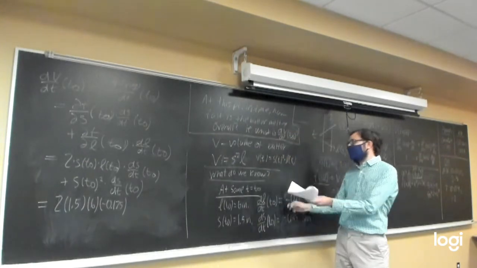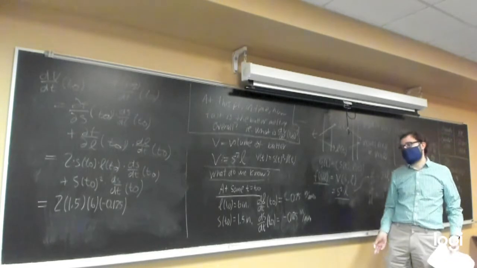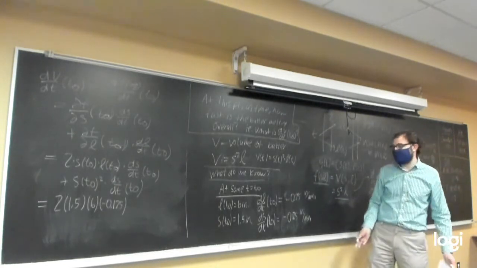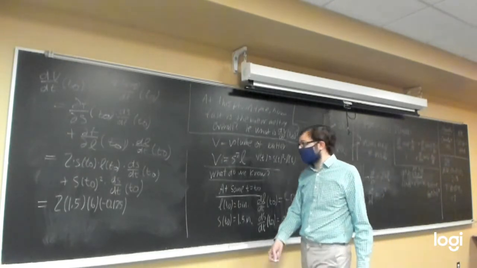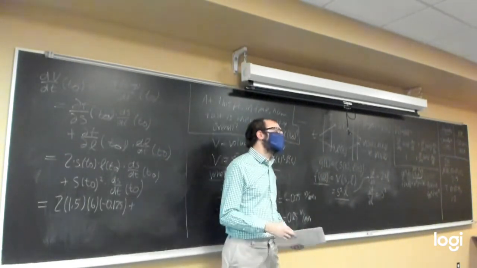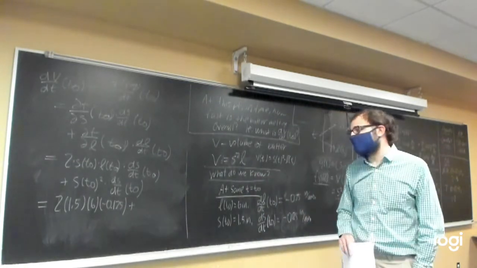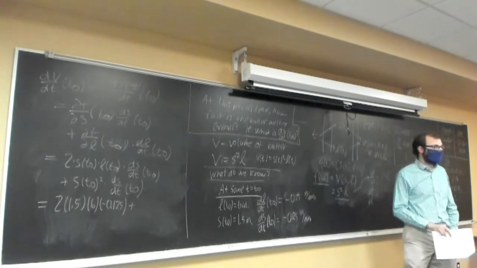Now, all the stuff we found at the start of the problem, we can plug in those numbers for L and s and dl dt and ds dt at t naught. Plus, what are we going to get if we plug in s of t naught squared times dl dt? What numbers are we going to plug in here then?